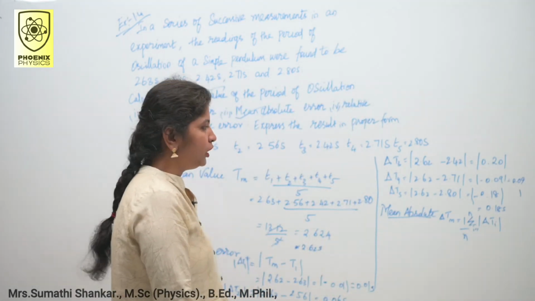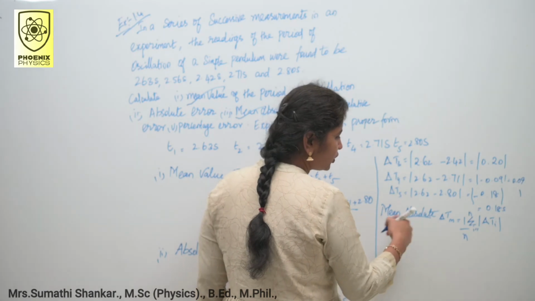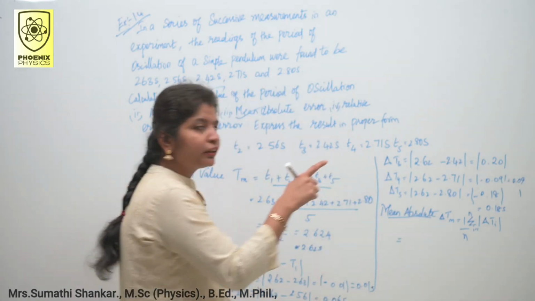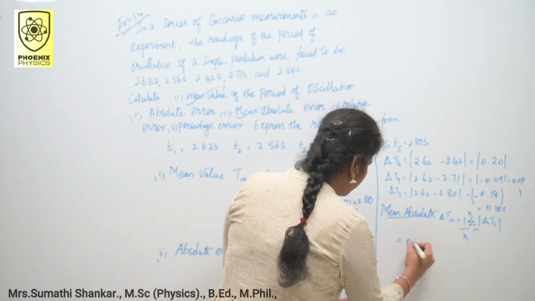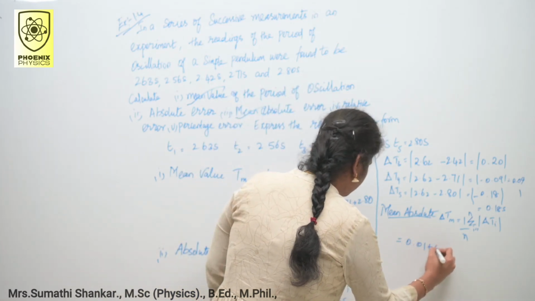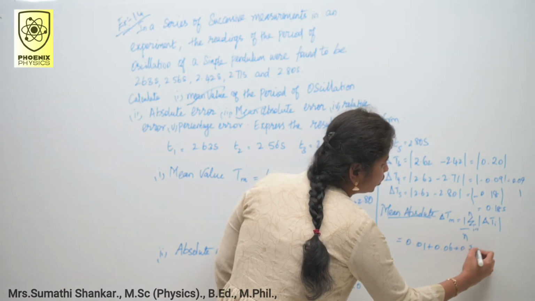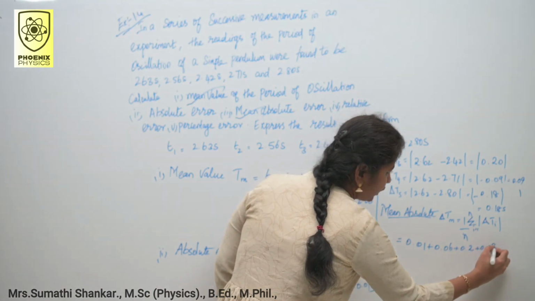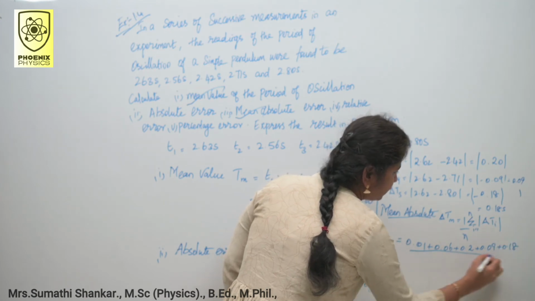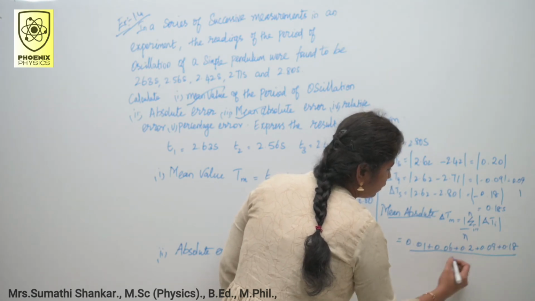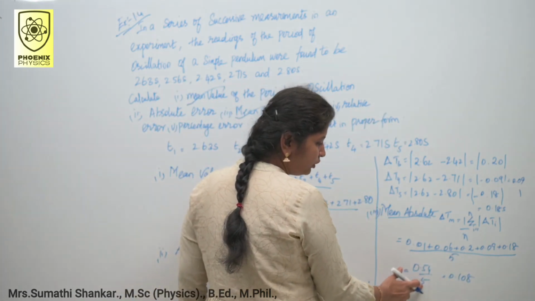So just add all the magnitudes of absolute error: 0.01 second plus 0.06 plus 0.2 plus 0.09 plus 0.18, divided by 5 readings. You get 0.54 divided by 5.